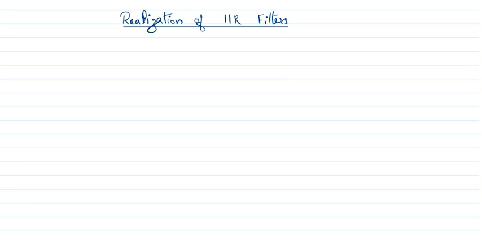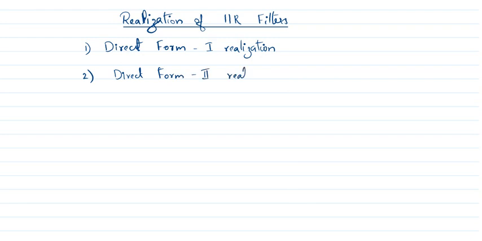So realization of IIR filters can be done in many forms. The first one is direct form 1 realization. Second one is direct form 2 realization.